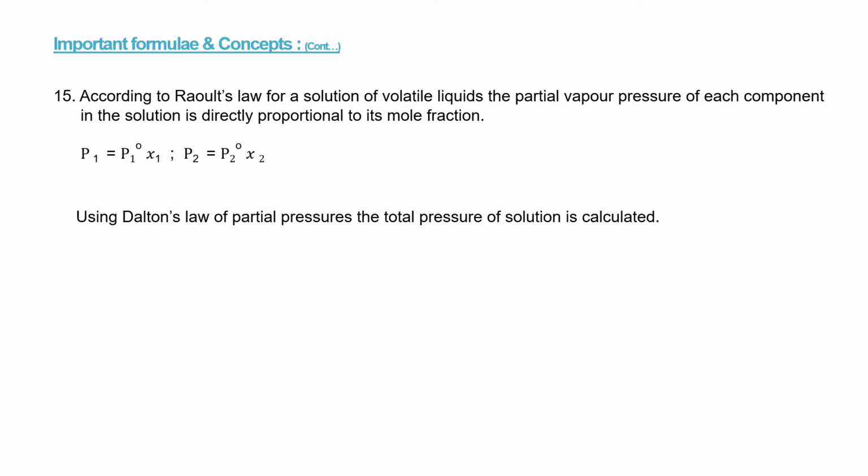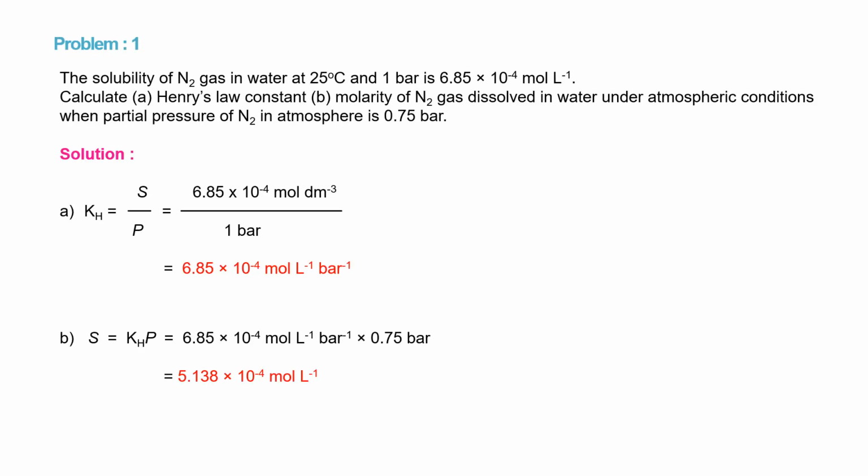Now using Dalton's law of partial pressures, the total pressure of a solution is calculated as P total is equal to P01 plus P02 minus P01 into x2.